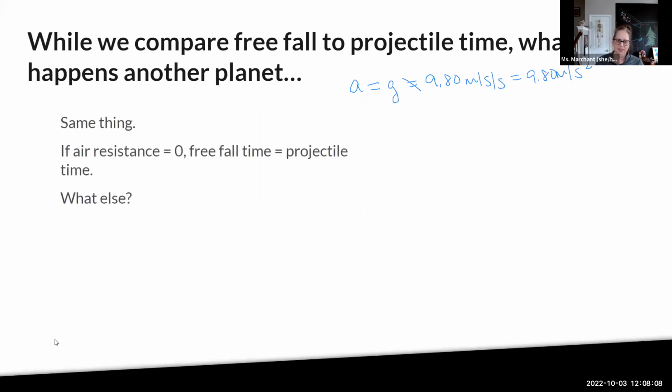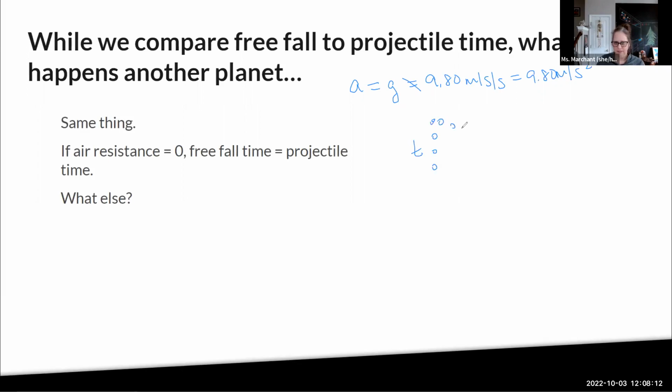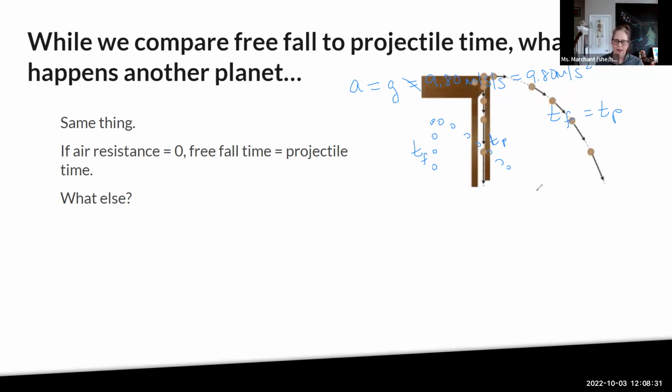If the air resistance is 0, the free fall time is equal to the projectile time. Time of the free fall is equal to time of the projectile, because there's no air resistance. So as long as we're saying no air resistance, it doesn't matter what planet we're on, that is still going to be equatable there.